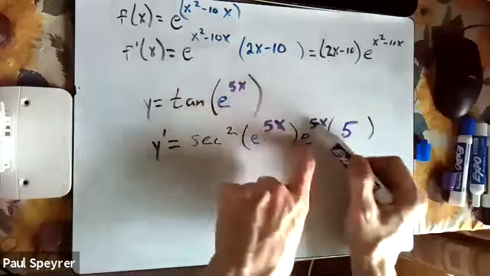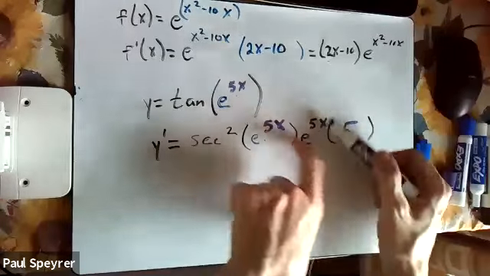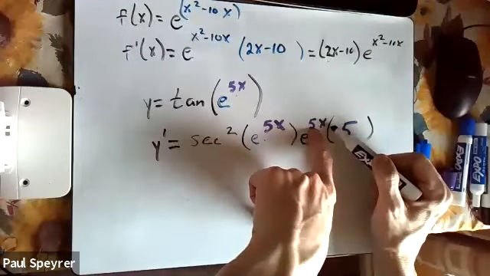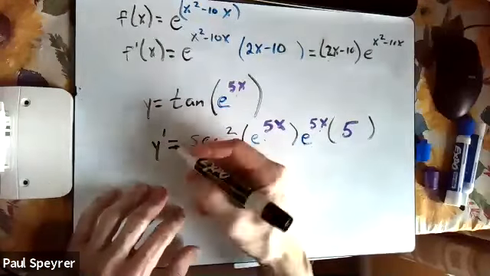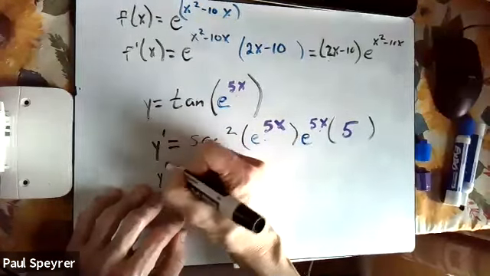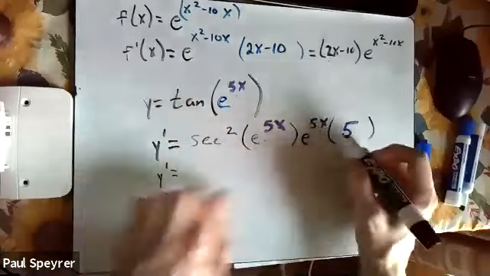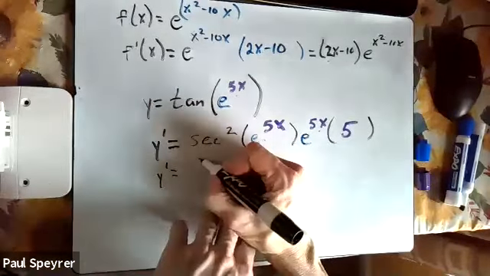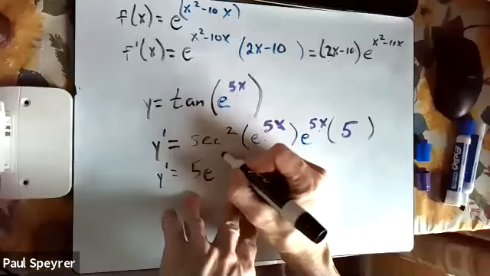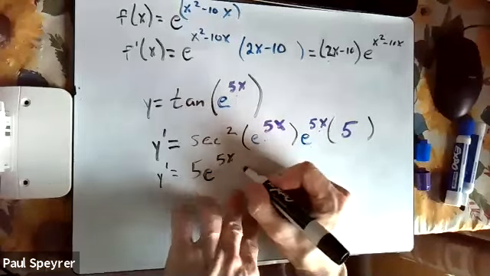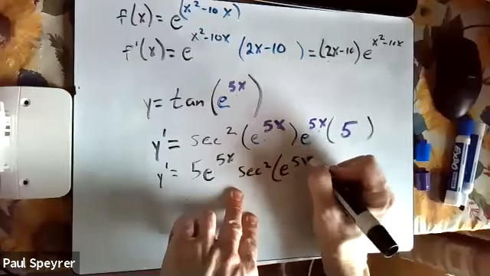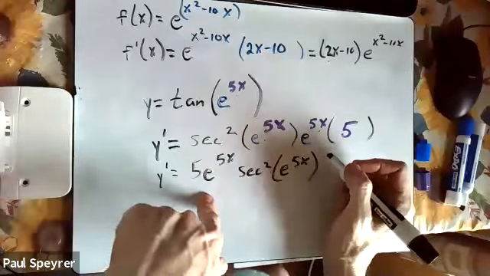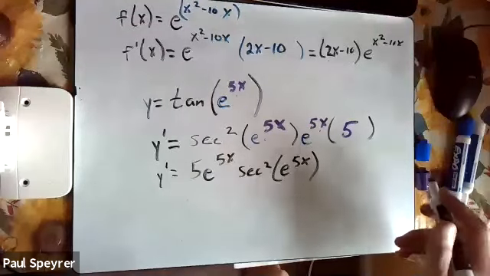So the derivative of e to the 5x is e to the 5x times the derivative of 5x, which is 5. And to finish it off, we throw the constant and these two pieces out in the front. So 5 e to the 5x secant squared of e to the 5x. That would be your answer right there.